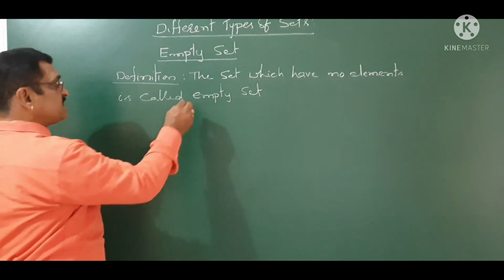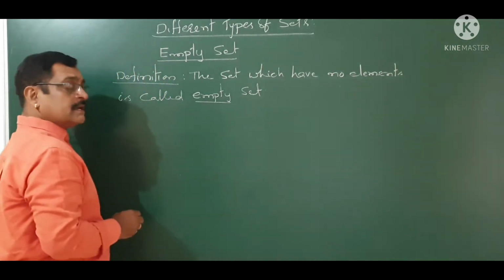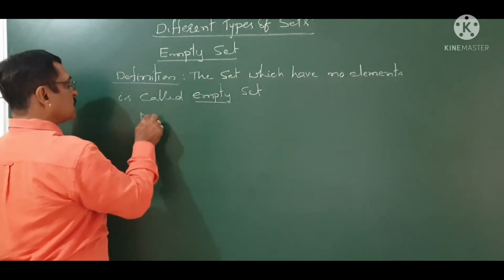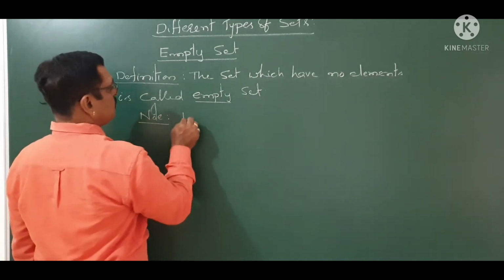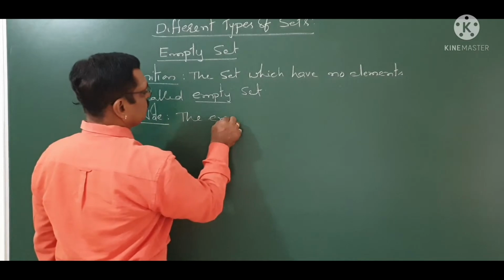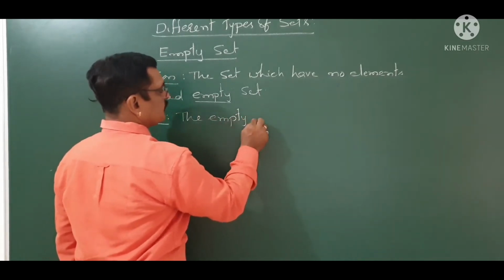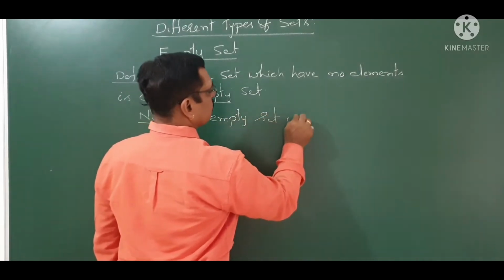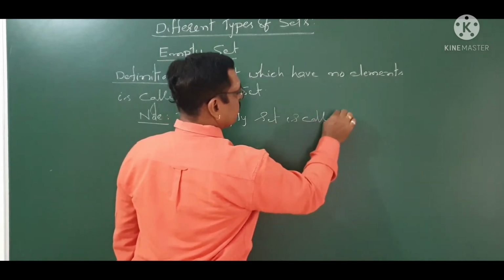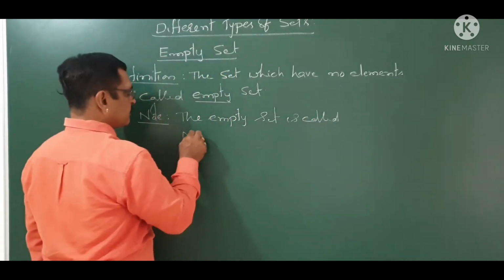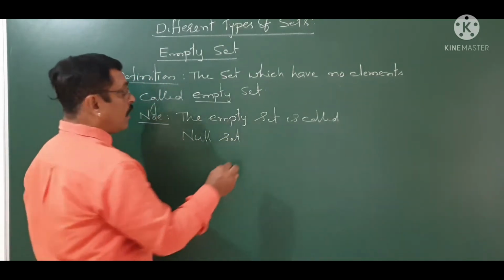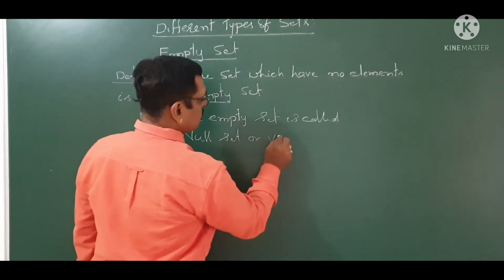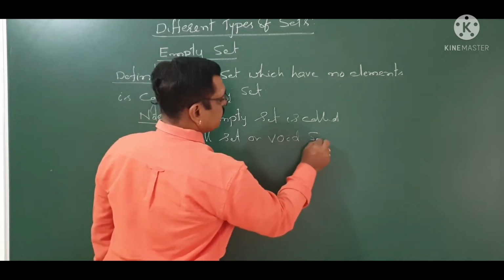Now, this empty set is also called null set or void set.